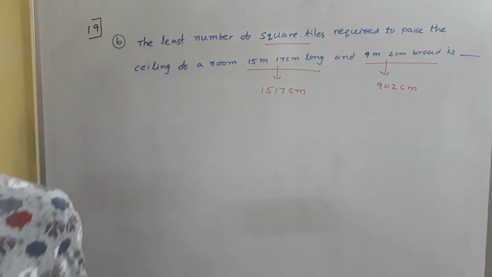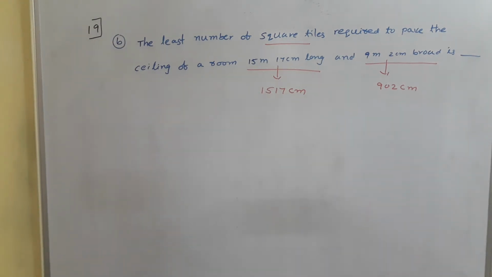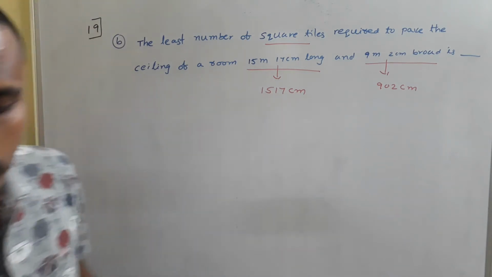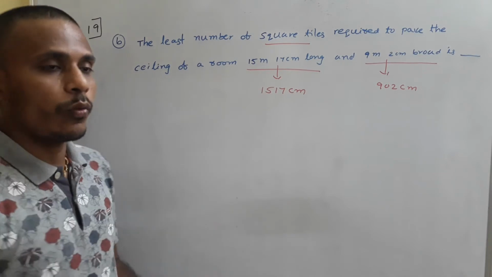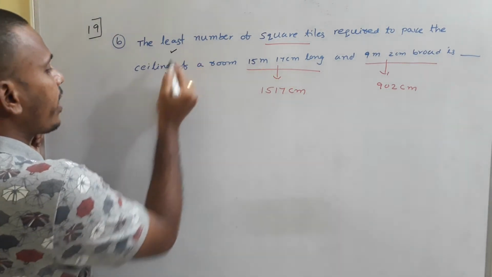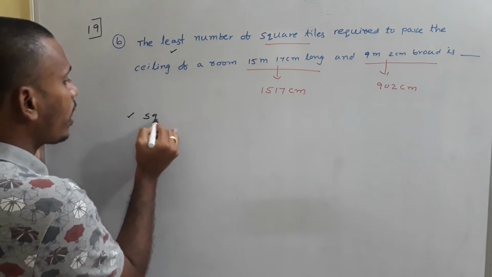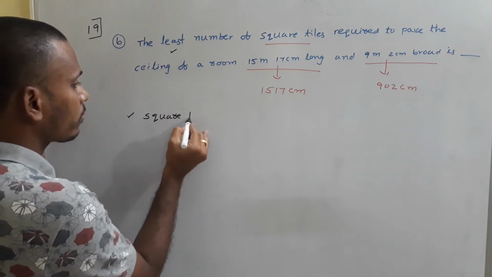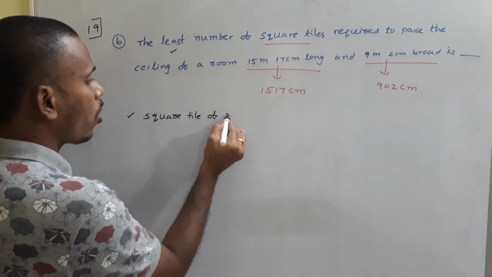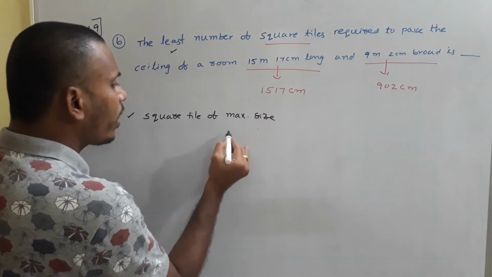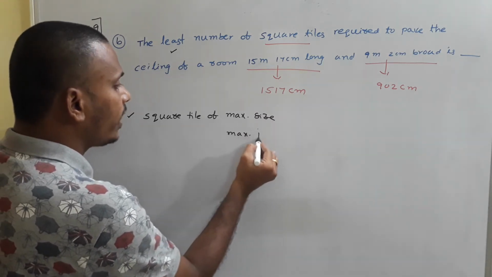Since the question is about the least number of square tiles, you need to think about a square tile of maximum size, that is, maximum possible side length.